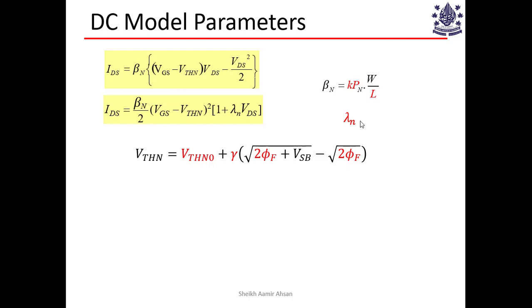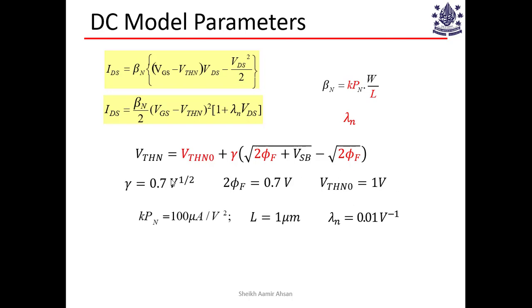Let's say you have chosen 0.5 micron technology, then we have these standard values. For 0.5 micron technology, we have gamma given as 0.7 volt to the half, 2 phi f is nearly around 0.7 volts, and like that. These are fairly well-known values for a particular technology, and we can use them for various numerical calculations in this course.